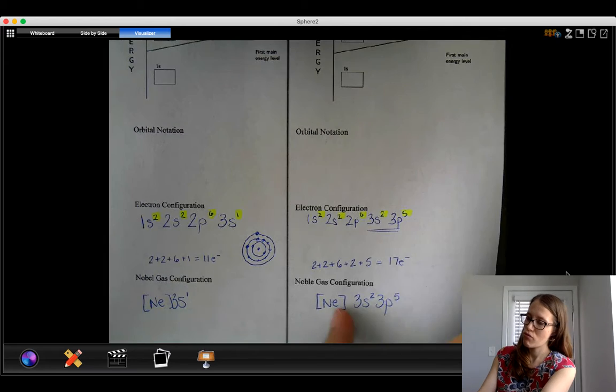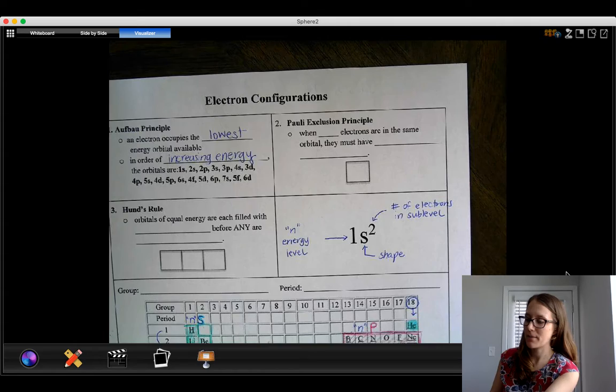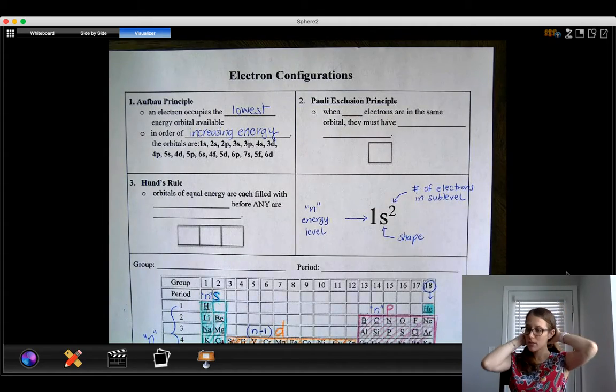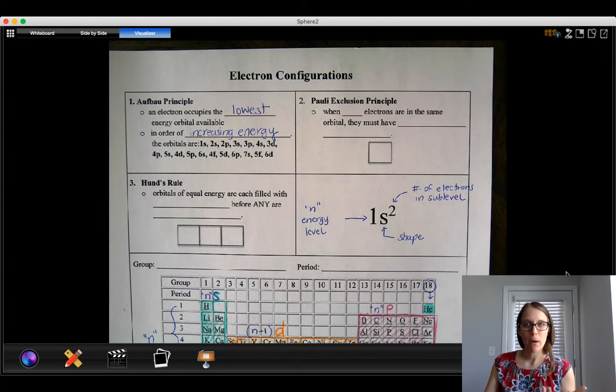All right. Last piece on here is looking at orbital notation and orbital diagrams. So we just need to know one more thing first. Well, two more things. When we are drawing electron configurations, instead of writing them out with numbers and letters, we draw them with arrows.